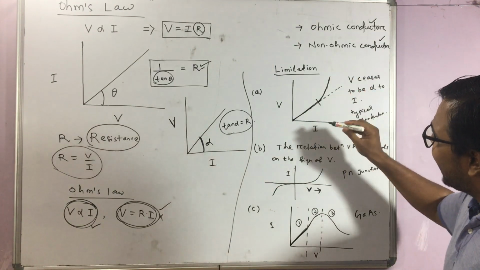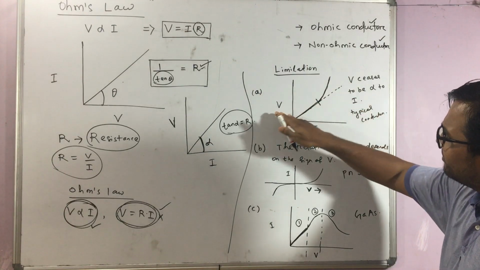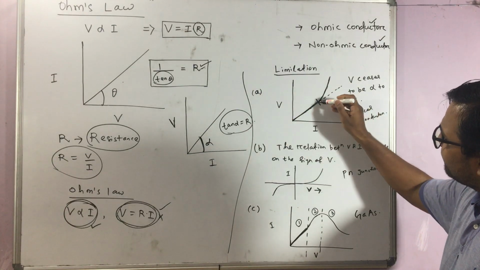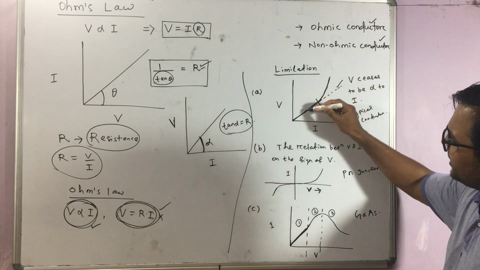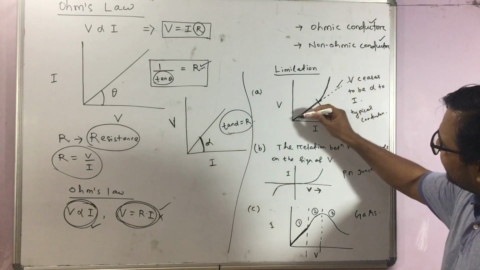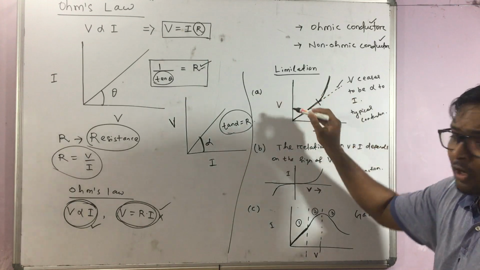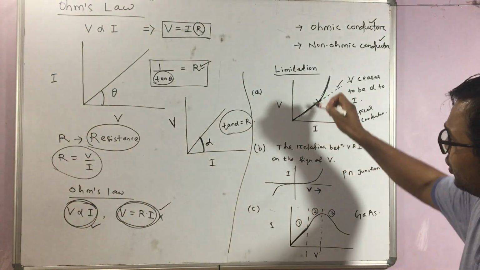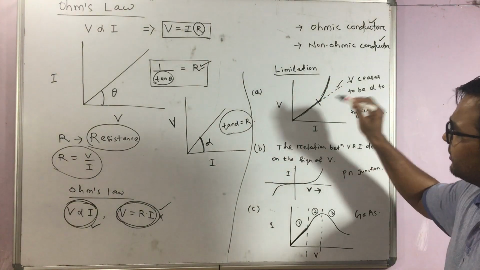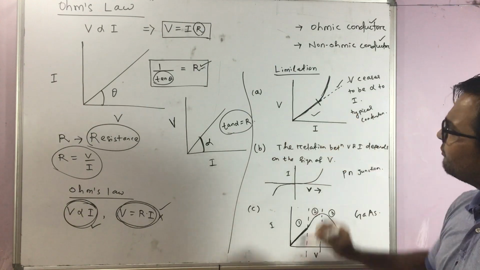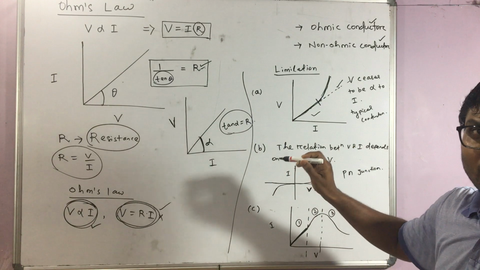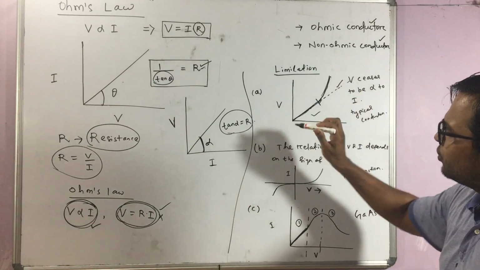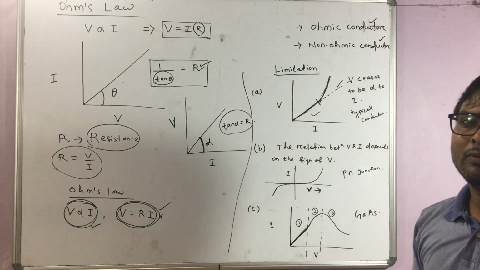Clear? But if this material had followed Ohm's law, the graph would have been a straight line, which is marked by the dotted line. This is the theoretical graph and this is the actual graph for some good conductors. That's why this is one kind of limitation. From this region, the graph is non-linear, so this portion does not follow Ohm's law.